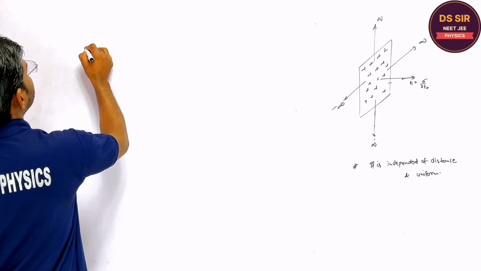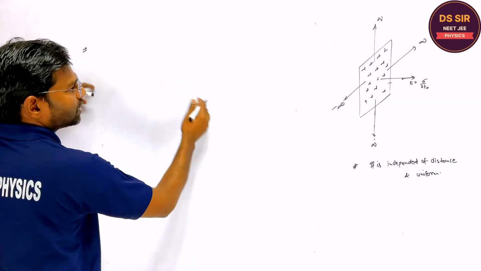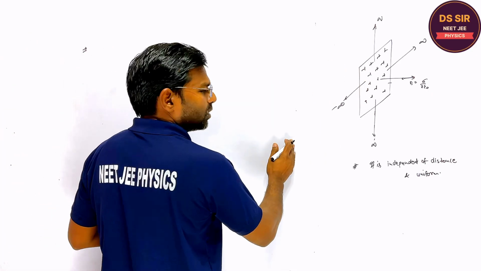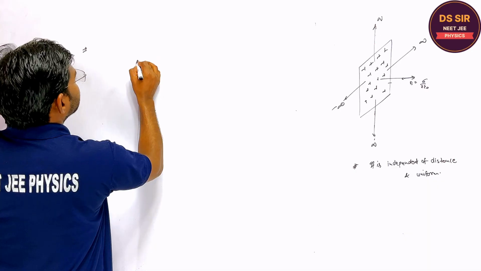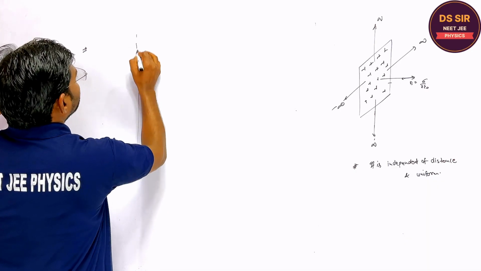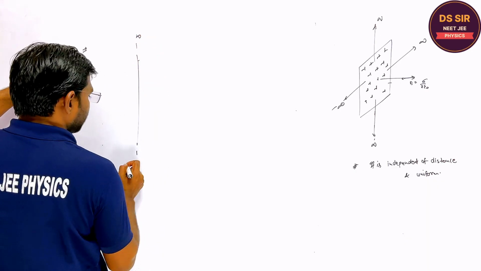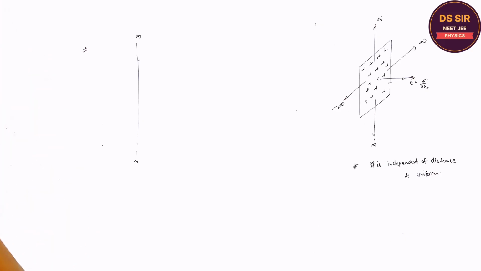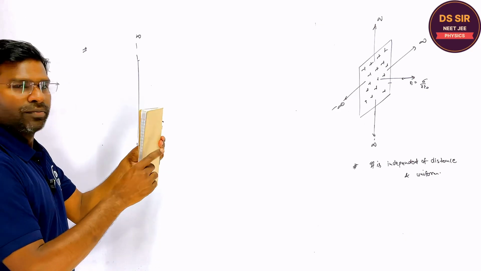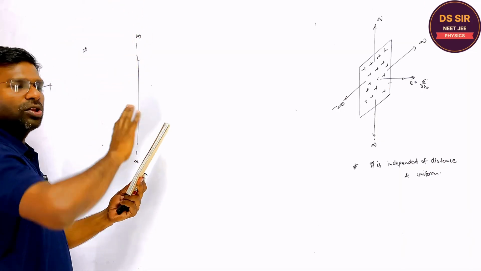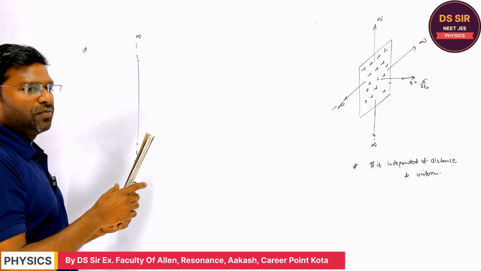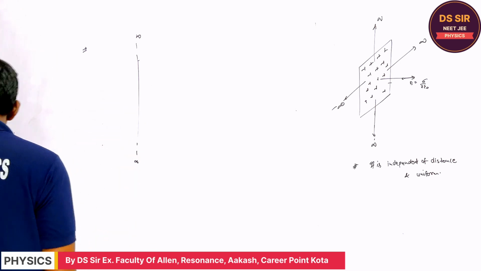For example, listen to one thing. If this is the sheet, this is the 3D view. The sheet may be defined like this. This is the sheet up to infinity. What do you mean by sheet? If this is the sheet, the sheet goes up to infinity, left, right, everywhere.